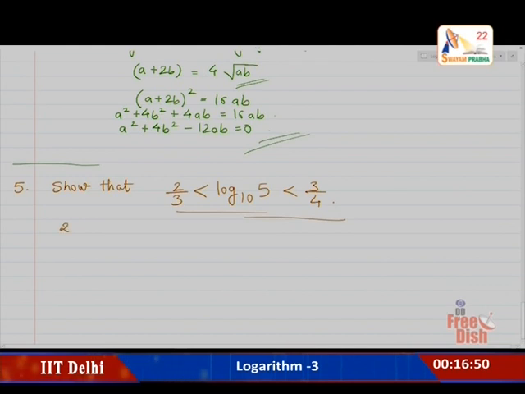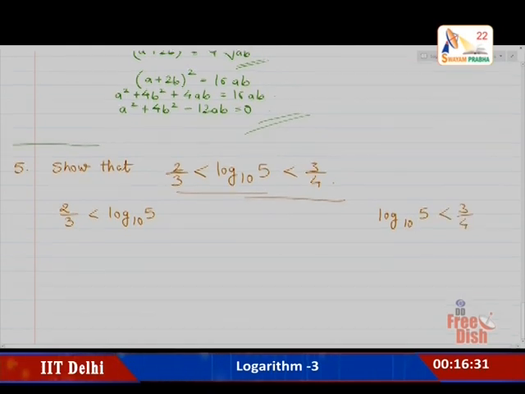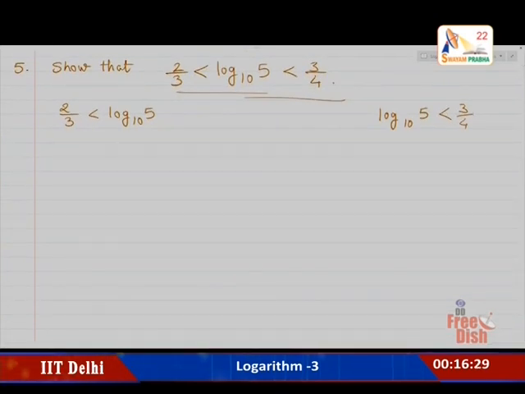First, let me try to prove 2 by 3 is less than log to the base 10 of 5, and next I will try to prove log of 5 to the base 10 is less than 3 by 4. Both of them will work on similar lines. So, I will do it parallelly. I will just put a partition over here and let us try to do it parallelly.